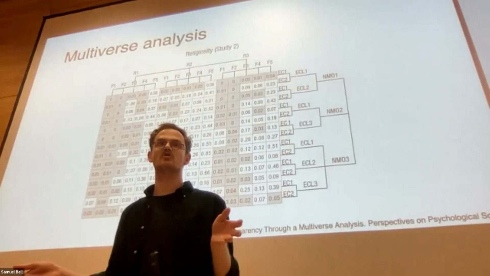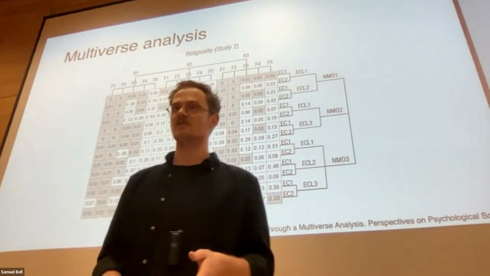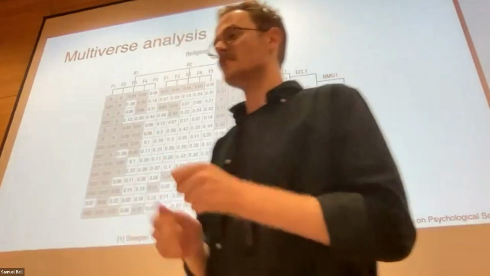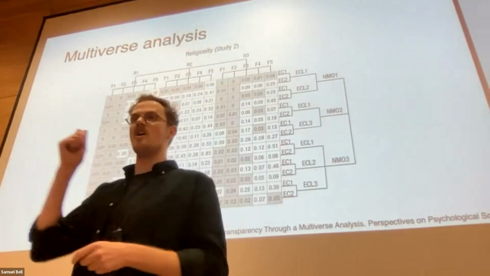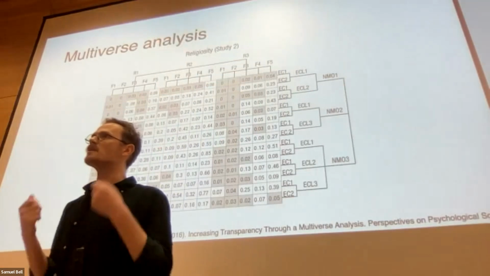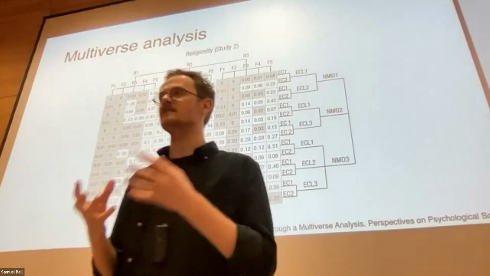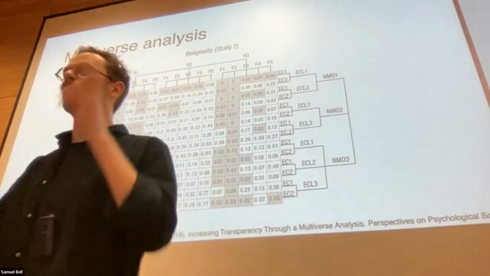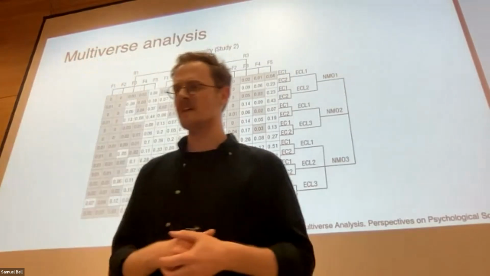If this conclusion is really true, you should be able to vary all of these arbitrary choices, and you should get the same conclusion. But it turns out it's not true. You see loads of white cells, and in particular, the R1, R2, R3 columns are different ways of coding up relationship status. So the effect here is totally dependent on how you determine what single means, which should be kind of intuitive, right? That makes sense.